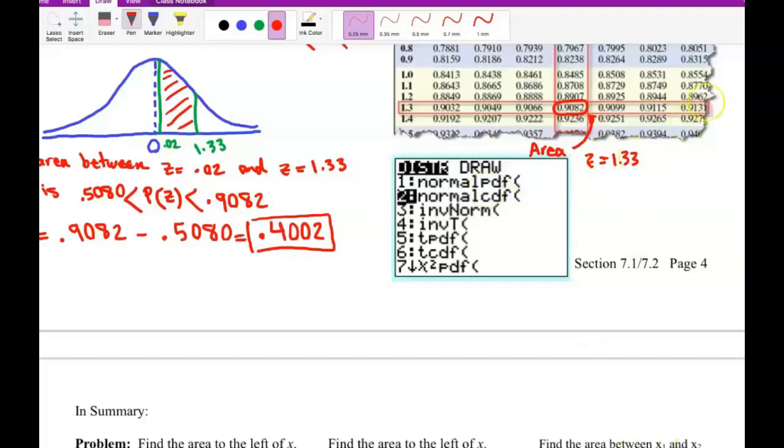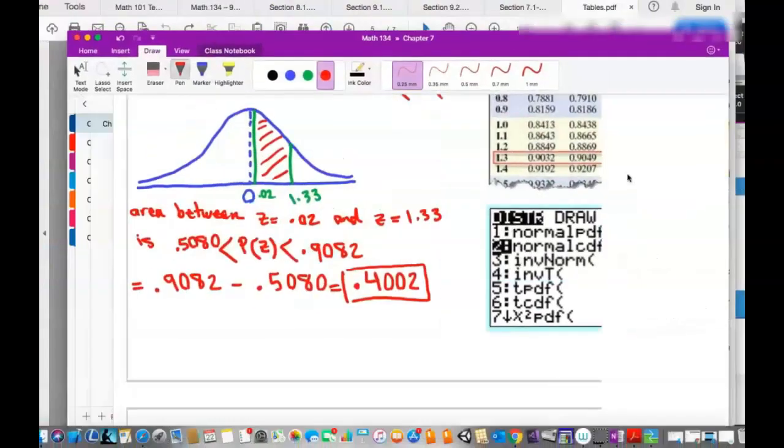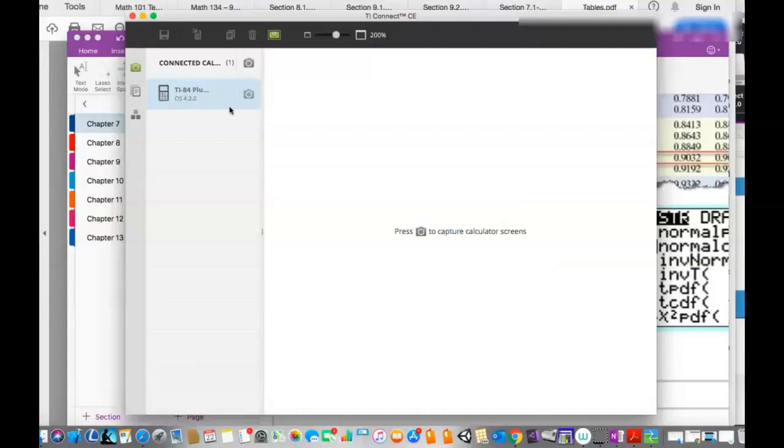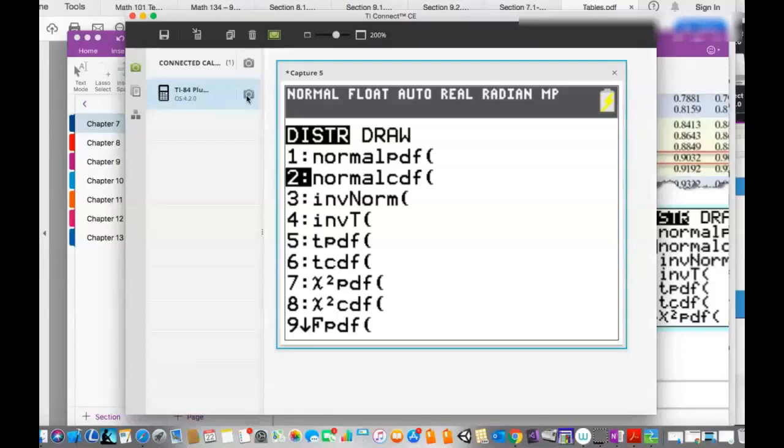Okay, here is what I have. So I press second, then vars. Then you're gonna see this page.